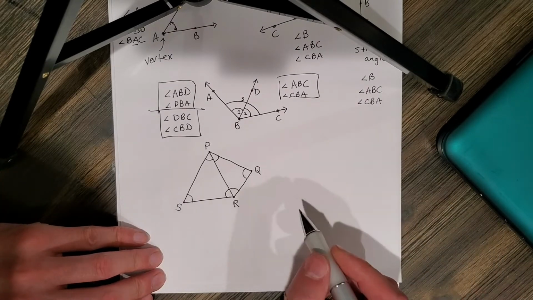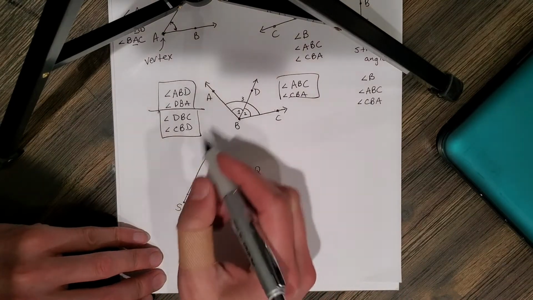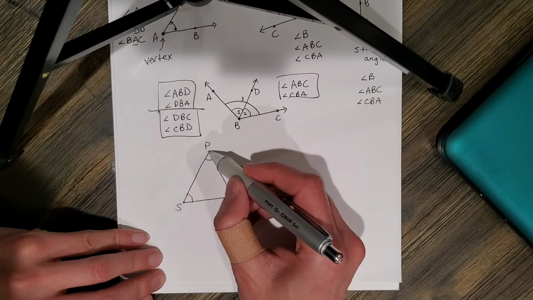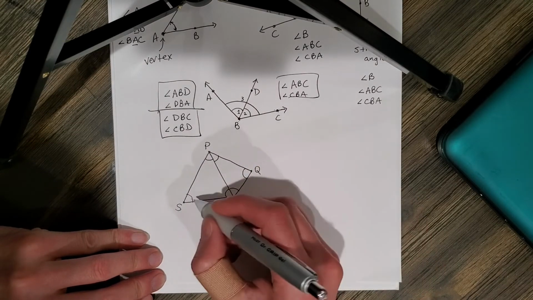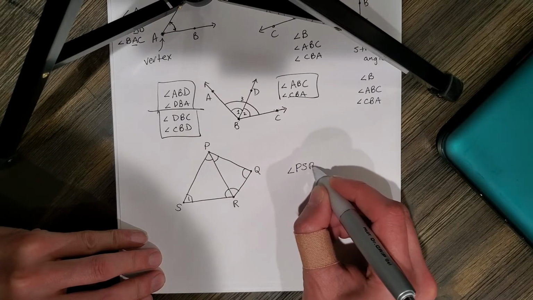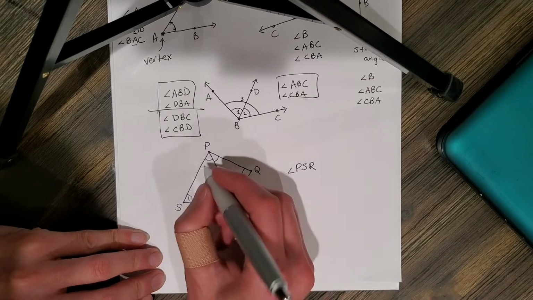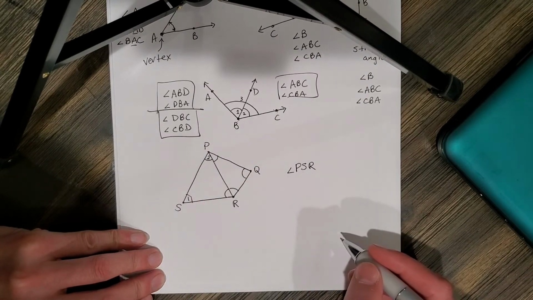So remember, you always want to go all around with the vertex in between. So say I wanted to say PSR, let's call that angle 1. Angle PSR would be this angle right here. Okay. What if I wanted to name that angle there? Number 2.